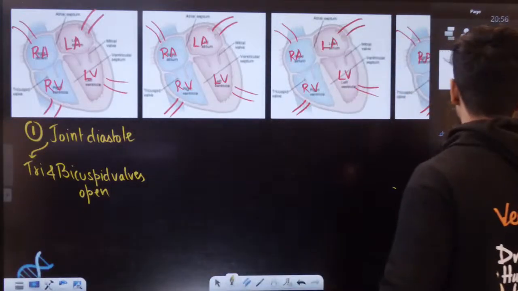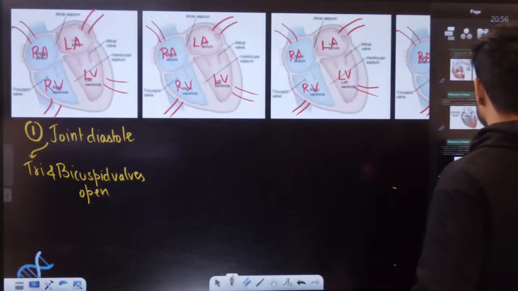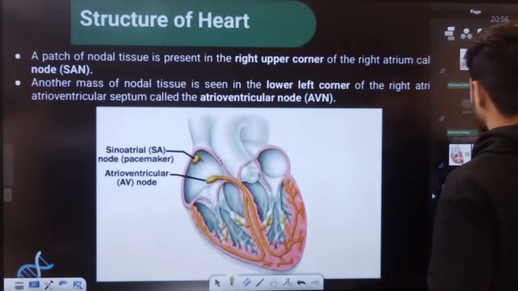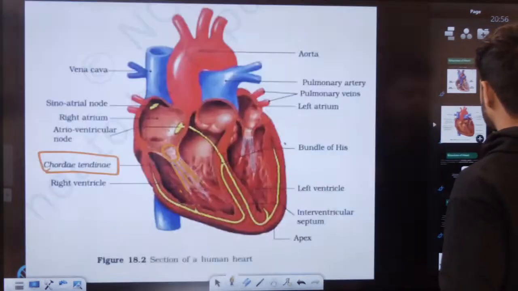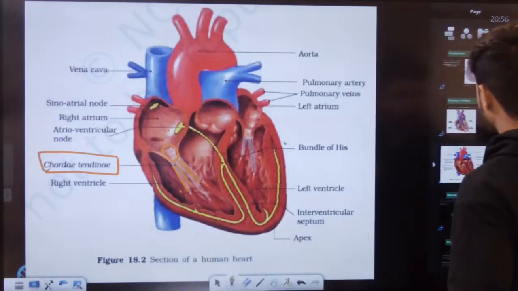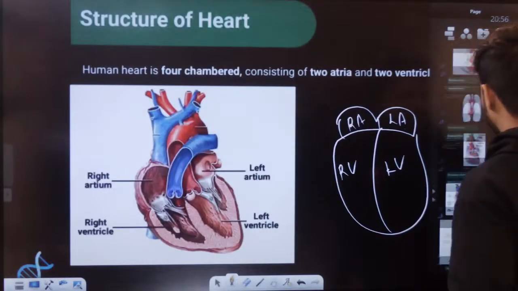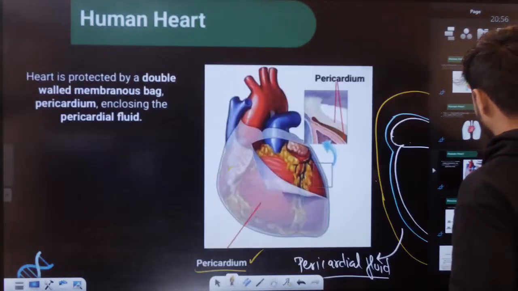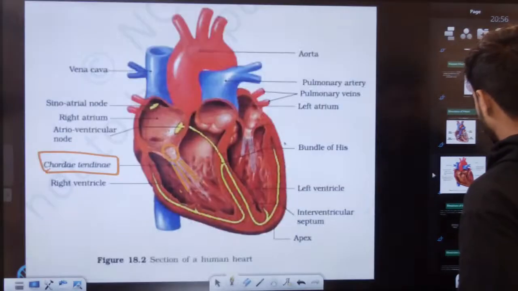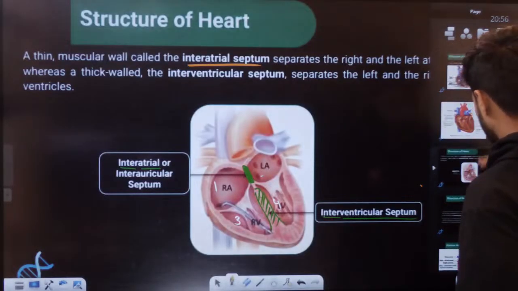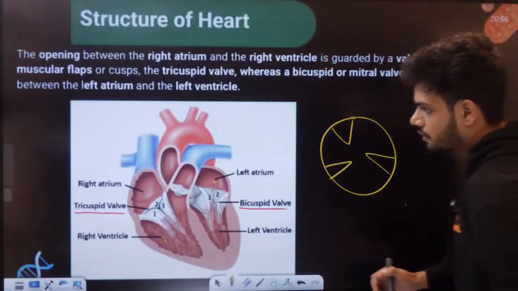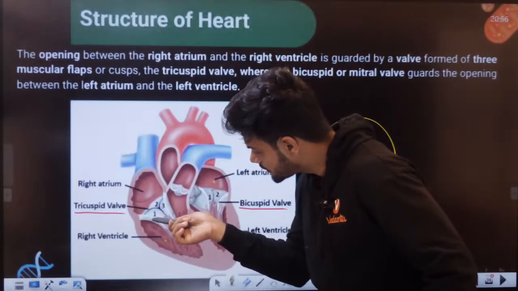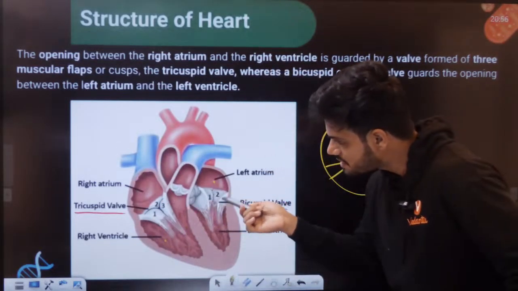Okay. One second, students. One more photo was there to show you, if you don't remember the valves. Where is the diagram, students? Let me show you. See here. This is the tricuspid valve, bicuspid valve.